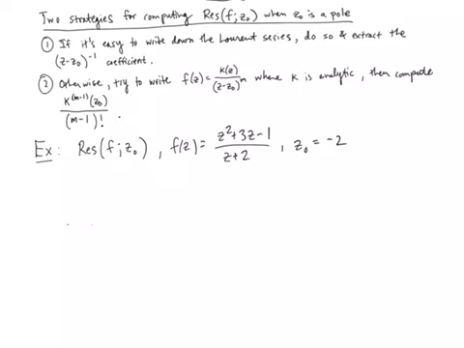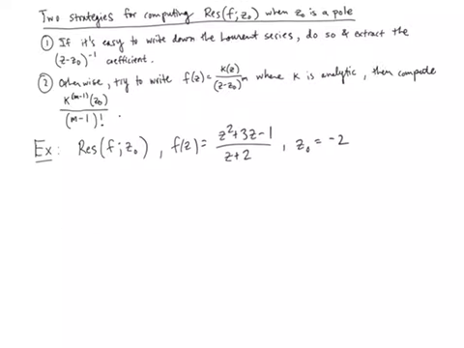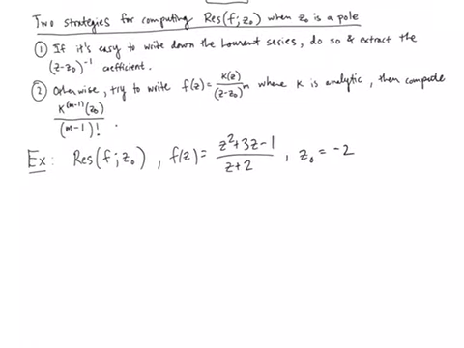Okay, so there are two ways to compute this residue. The first one is to realize that, by the second point up here, the numerator of our f is a polynomial, so that's an analytic function, and the denominator is just z plus 2 to the first power.